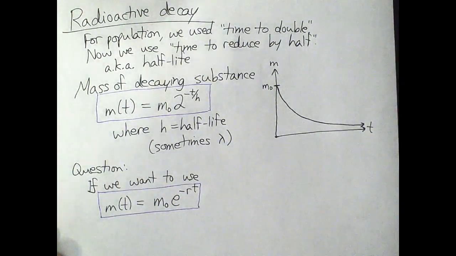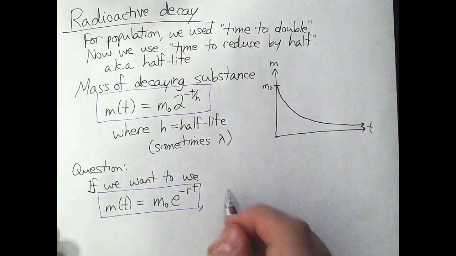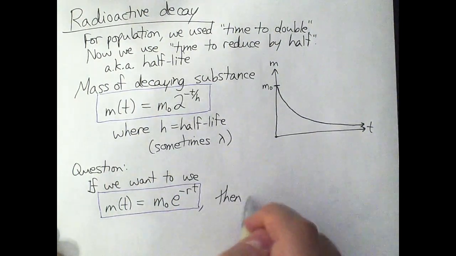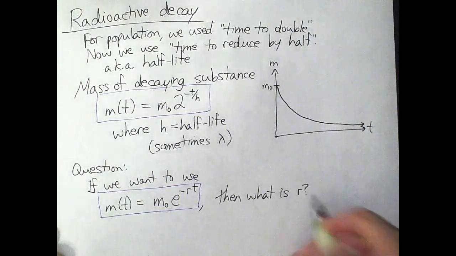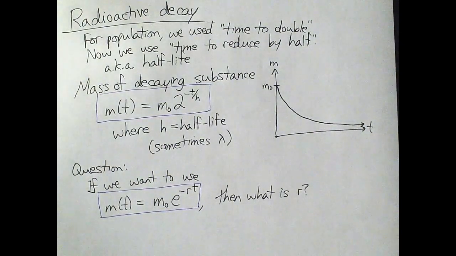Can we have two different radioactive decay models? If we want to do this, then what is R? Like in particular, how is R related to H, the half-life?